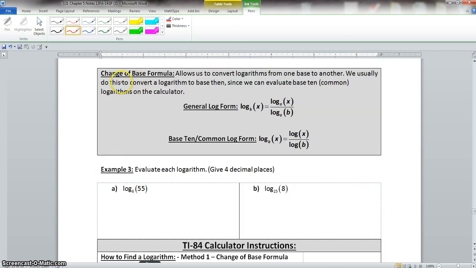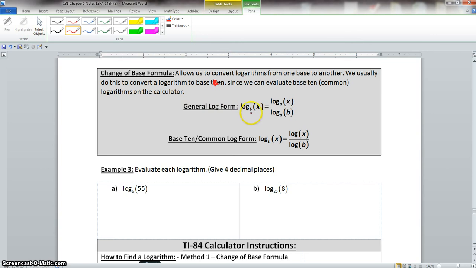Now we go to the next page where we have the change of base formula. It allows us to convert logarithms from one base to another. We usually do this to convert a logarithm to base 10. It should be base 10, since we can evaluate base 10 common logarithms on the calculator.